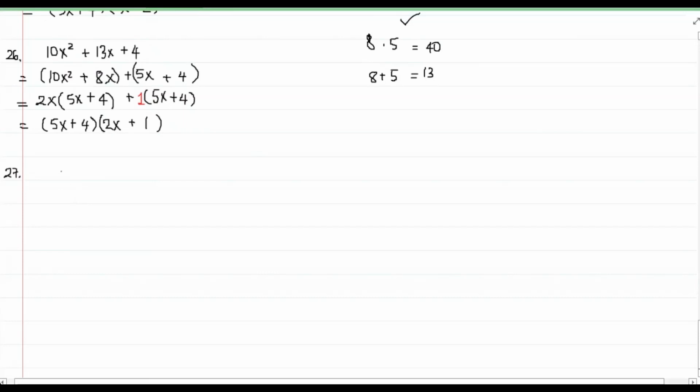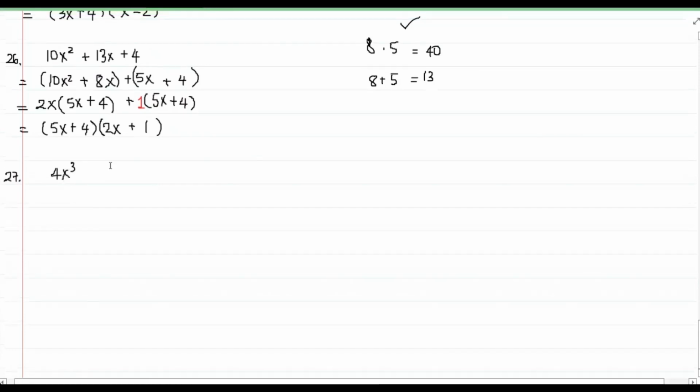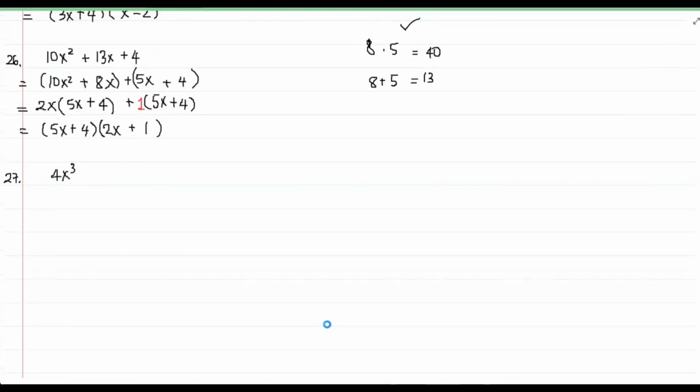So number 27: 4x cubed minus 6x squared minus 18x plus 27.